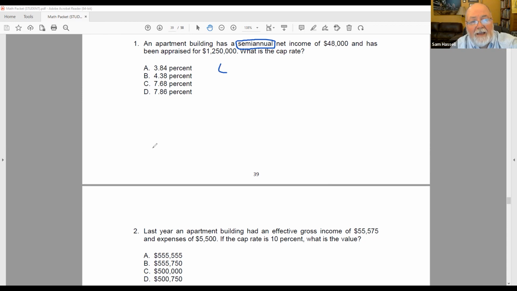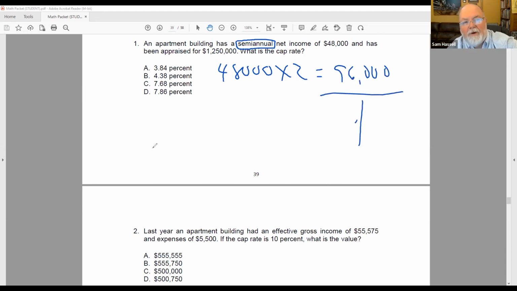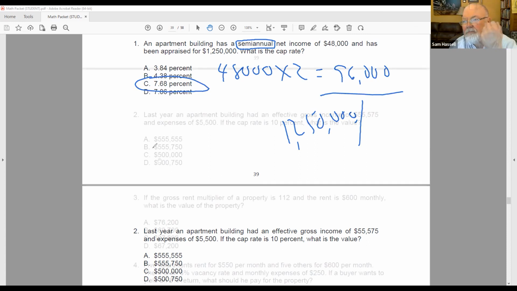So we have 48,000 times 2, which is 96,000 over our 1,250,000. All right, and that's going to be C, 7.68%.